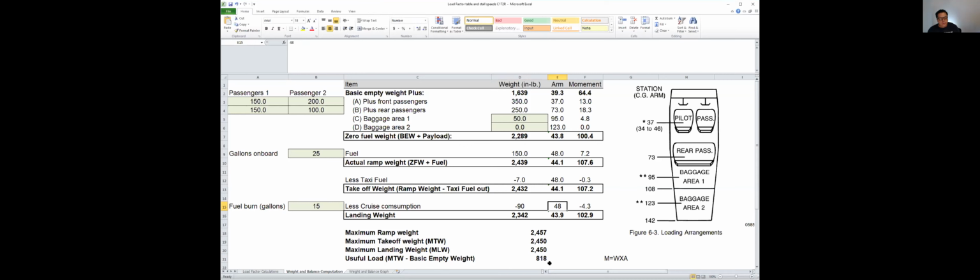And we know that the station for the fuel is 48. That gives us a change of moment of around 4,300 or 4.3 if we use the reference unit. Now we subtract that 4.3 from our takeoff moment. It gives us 102.9, and we subtract the 90 pounds from the weight. If we divide moment by weight, we get our new center of gravity. And this center of gravity tells us that we are at 43.9. That's our center of gravity position now.